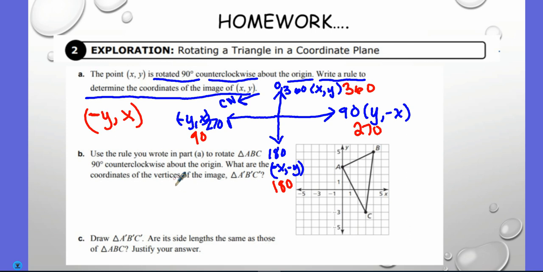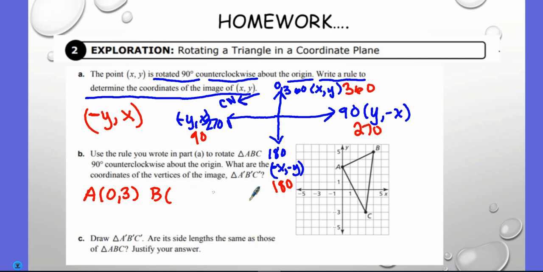Now it says, use the rule you wrote in part A to rotate triangle ABC 90 degrees counterclockwise about the origin. What are the coordinates of the vertices of the image, triangle A prime, B prime, C prime? Here's what I'm going to do. I'm going to first write all the points of the pre-image, and then follow my rule. A is (0, 3).